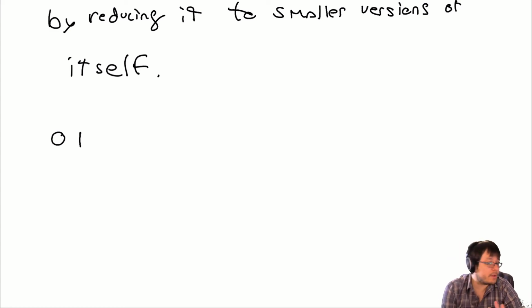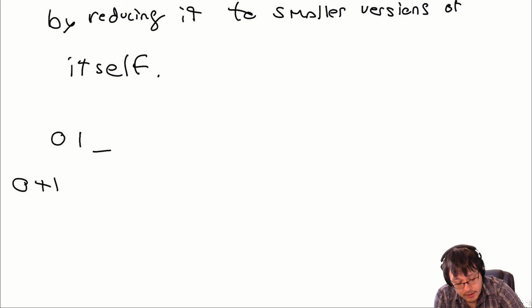Okay, we'll go with the 0, 1 example. After that, the third digit of the sequence is going to be the previous 2 digits added together. So if you want to know what goes here, you take 0 plus 1 and put it there. So that's going to be a 1. So the third number in this sequence is going to be 1.